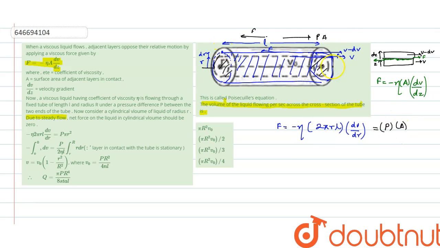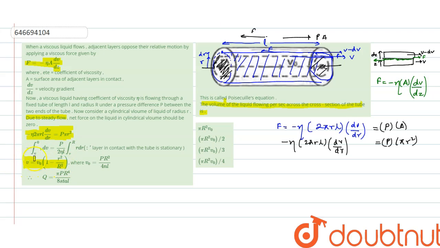Since pressure is applied on these faces, therefore we will be taking this area for multiplication, which will be P multiplied by pi r square. Therefore, minus of eta 2 pi r L into dv over dr gives us P into pi r square, which is the given expression. On integrating this equation, we get function of velocity as this.